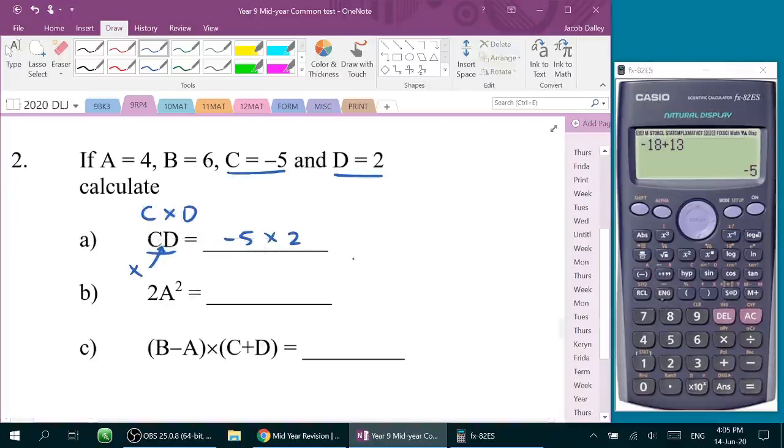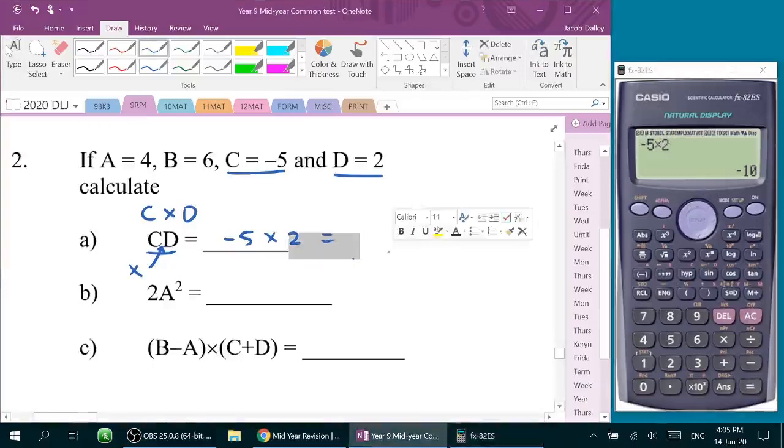So if we put that in our calculator, negative 5 times 2. Doing these on your calculator can be really handy for those of you who are not too sure about what your answer is going to be. So always just use your calculator if you're unsure.